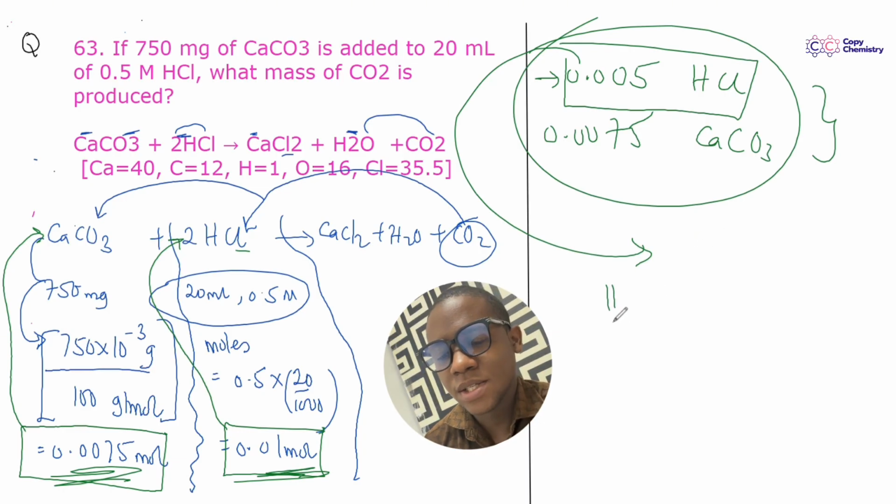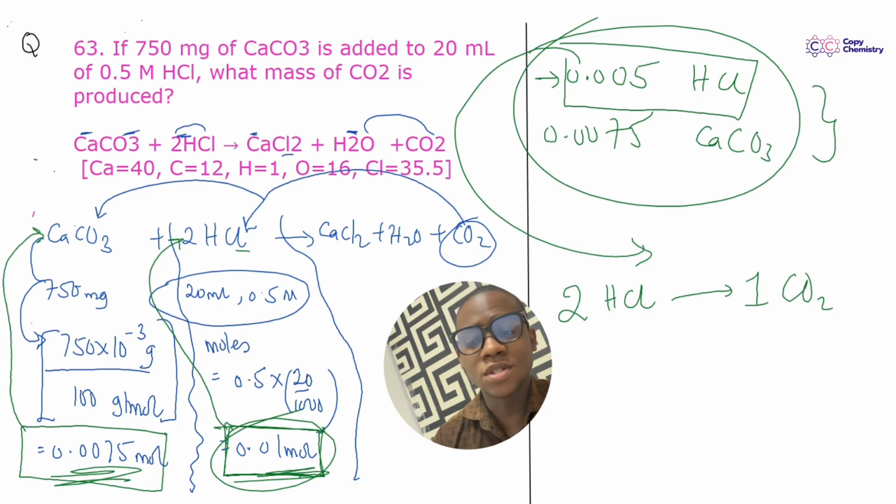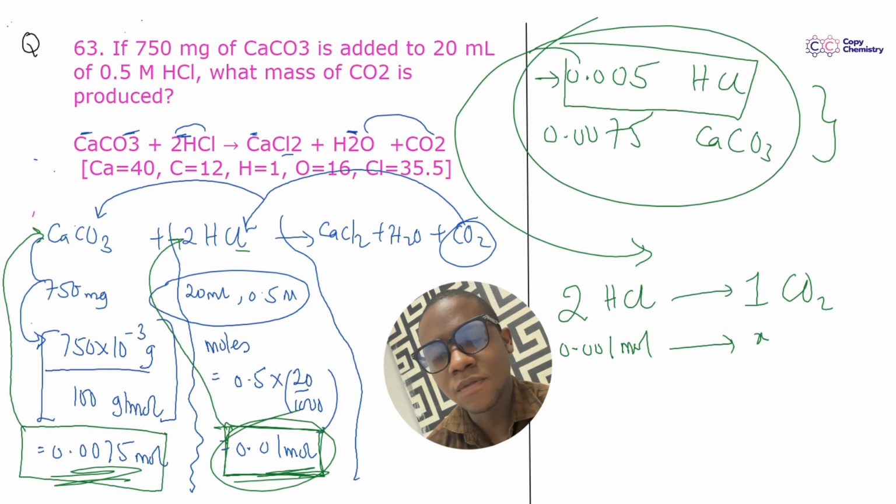So comparing HCl and CO2, we can see from the equation that 2 moles of HCl produces 1 mole of CO2. Therefore, this 0.01 mole of HCl that I was given in the question would produce the amount of CO2 there.